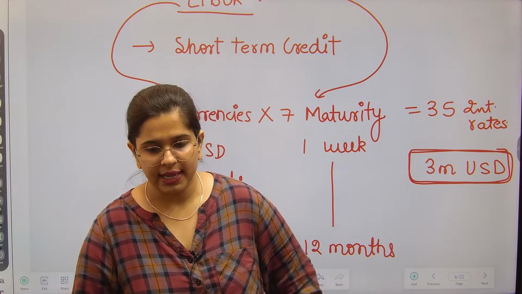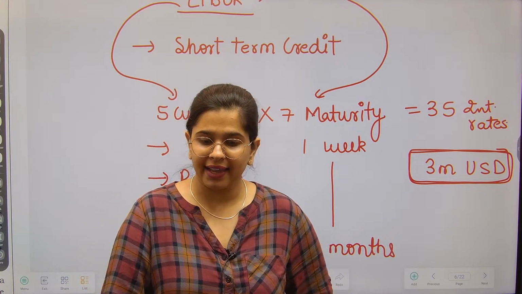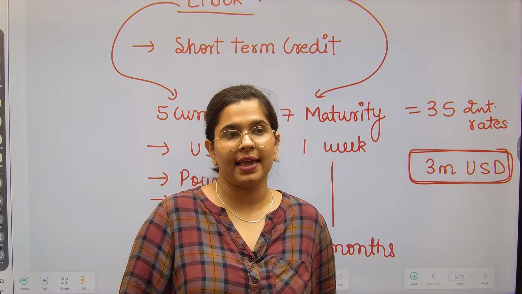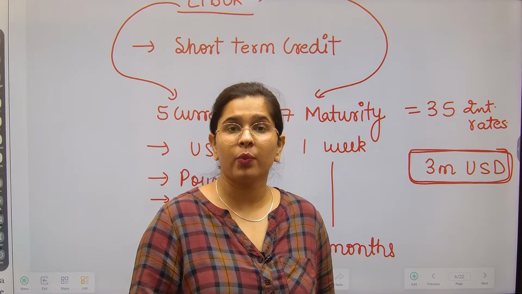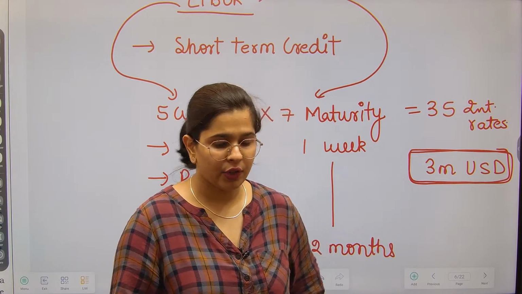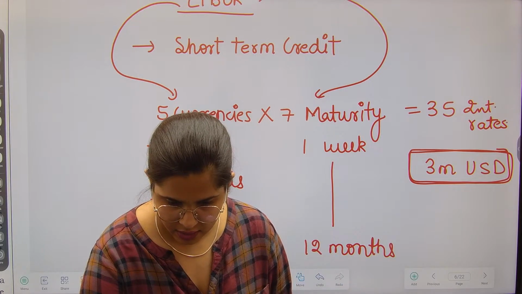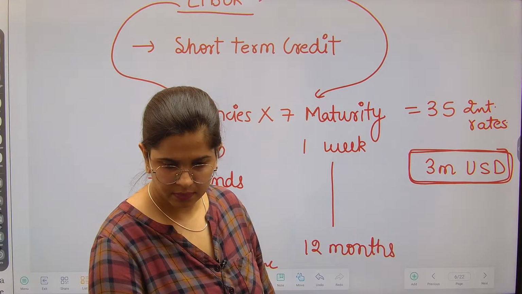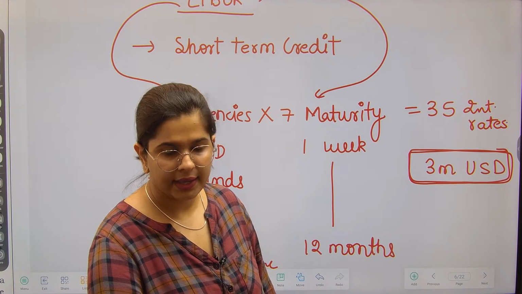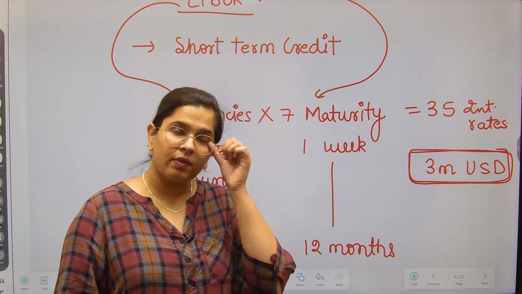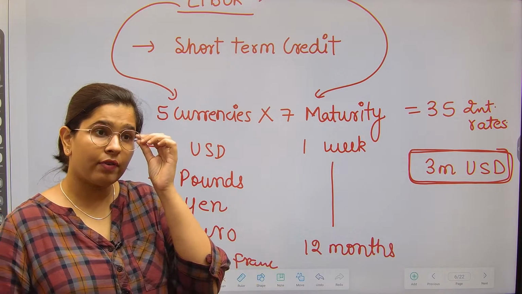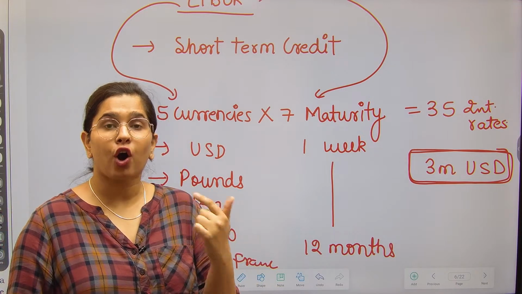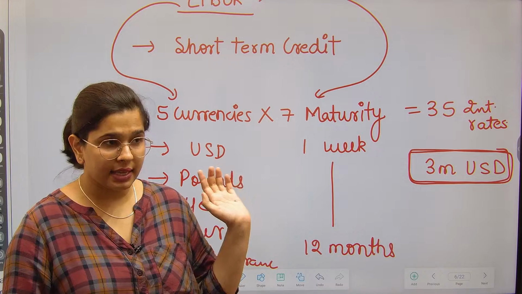So the problem was, again, the tinkering with the interest rates, right? There was a fraud happening in these interest rates.